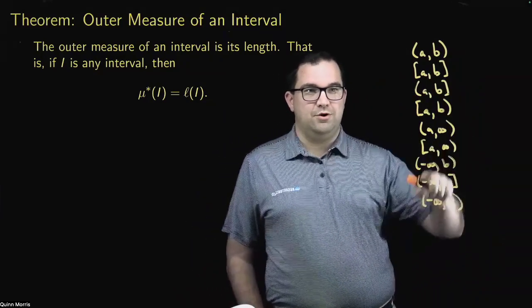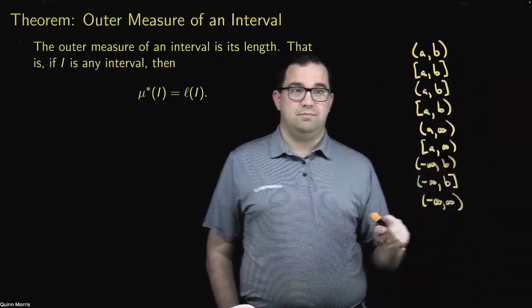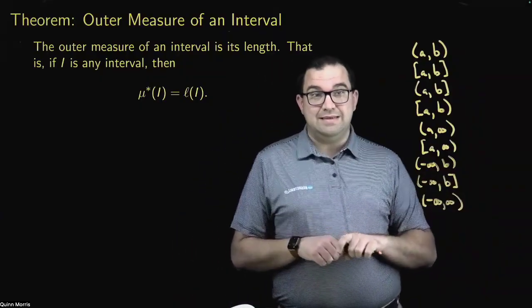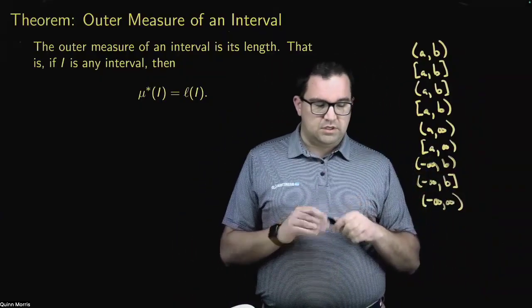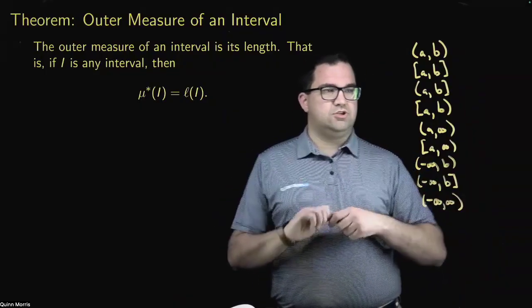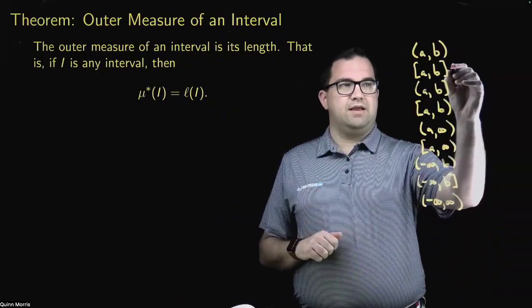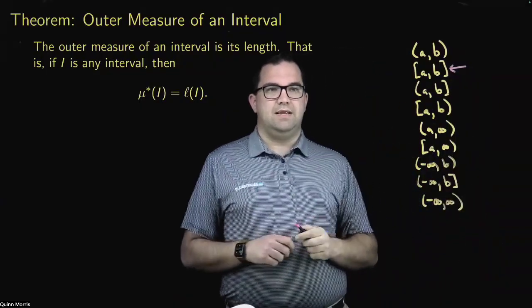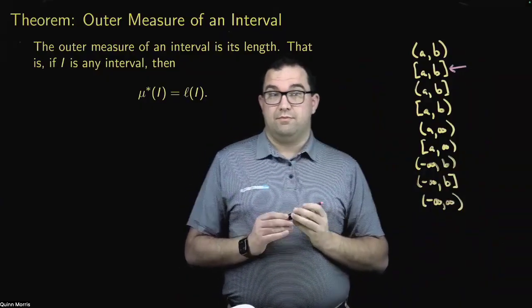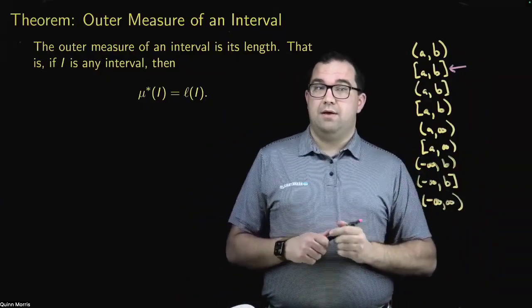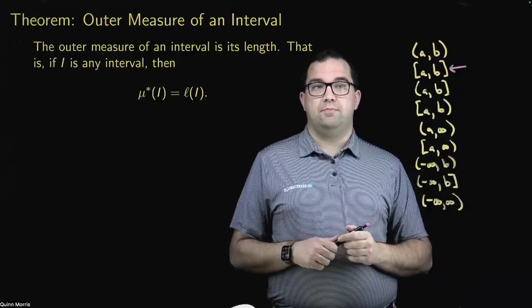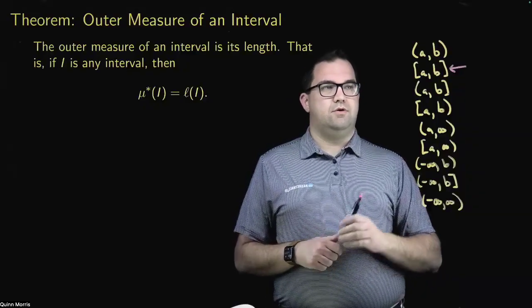I don't want to sort of deal with each of these one by one. That would actually be fairly tedious. So what I will actually do is start the proof by looking at the case of a closed and bounded interval. You may recall from Math 5610, closed and bounded intervals have some very nice properties. So we'll make use of those.